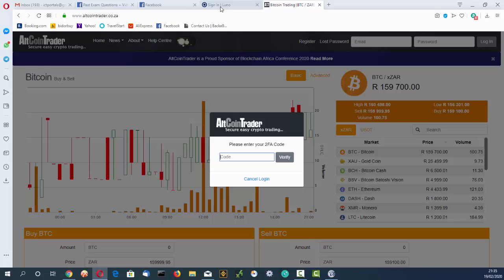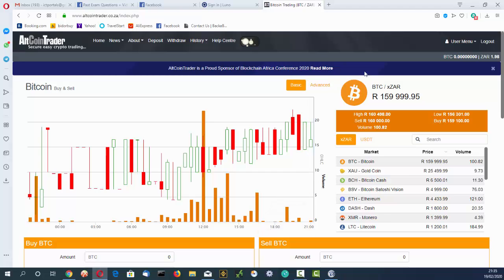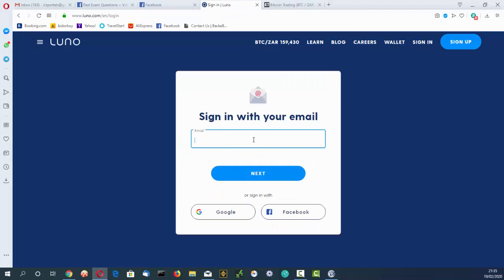Okay, so let me first of all sign into this account by using my second factor authenticator. Let me search for it. So it's good for all of us to make sure we have two-factor authenticator.